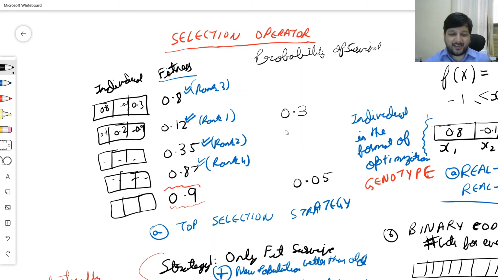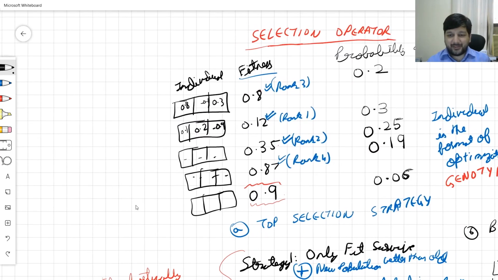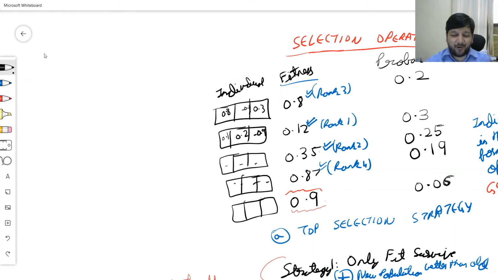So the next high is this individual, which should have a slightly lower probability of survival, and then it's rank 3, and then it's rank 4, and then it's the last rank. So that's my probability of survival. I'll formalize this up in a minute.